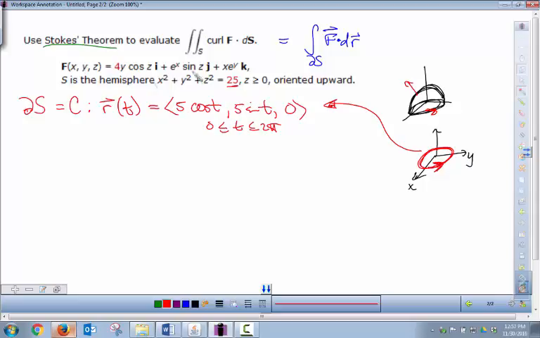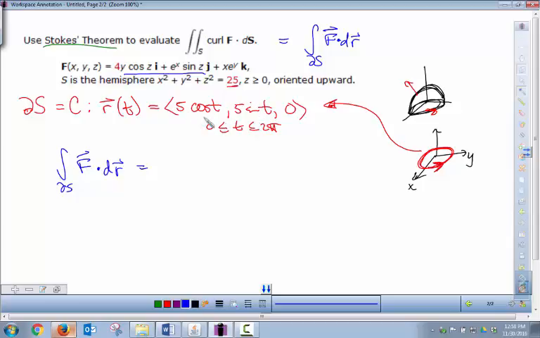All right, so instead of taking the curl of this, we're going to take the line integral of the original vector field. So our line integral will be over the boundary. So this is f dotted with dr, and f is equal to this.